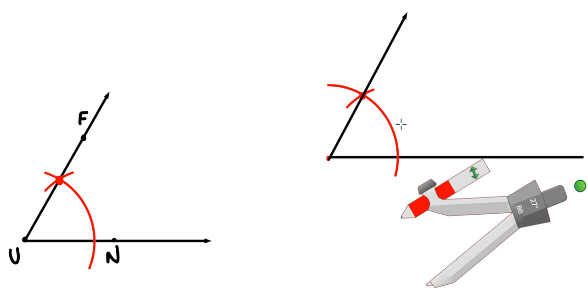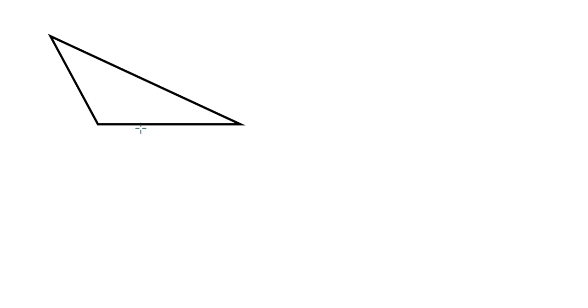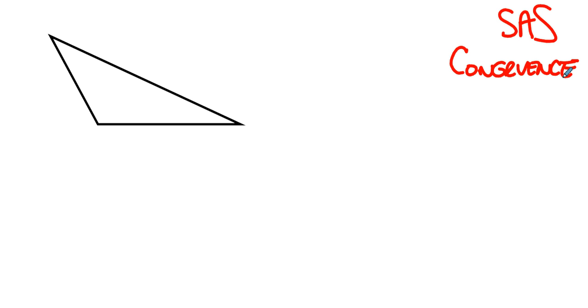And so you may wonder, why would I do that? Well, let's say we want to copy a triangle. We'll copy this triangle using a process called side-angle-side congruence, which means we're going to copy two sides and the angle that is between them.